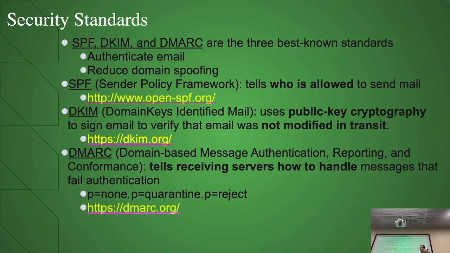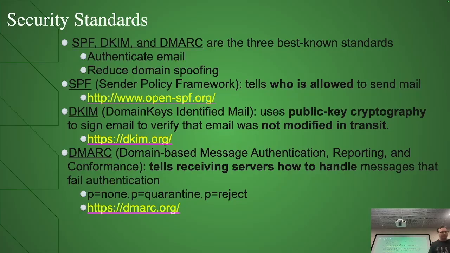Because of the SPF record, we know the original IP address it was sent from is good, but how do we know along the way the email wasn't modified? A threat actor could snag it, make a couple changes, and continue sending it on. Still from the original person, but this hop is where it changed. That's where DKIM comes into play. It verifies that the email has not been modified in transit.